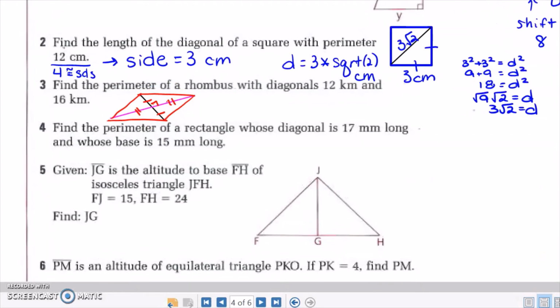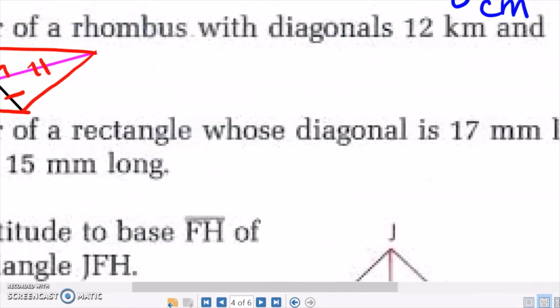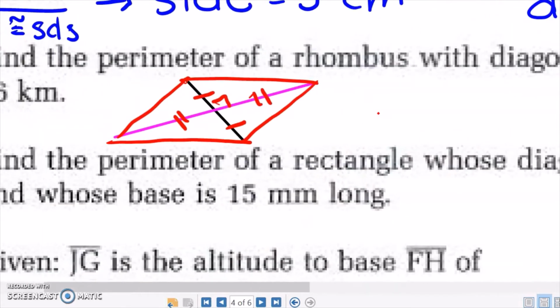So then, if one diagonal was 12, then half of that would be 6. If the other diagonal is 16, then that would be 8. So now I'm really focused in on this right triangle here.